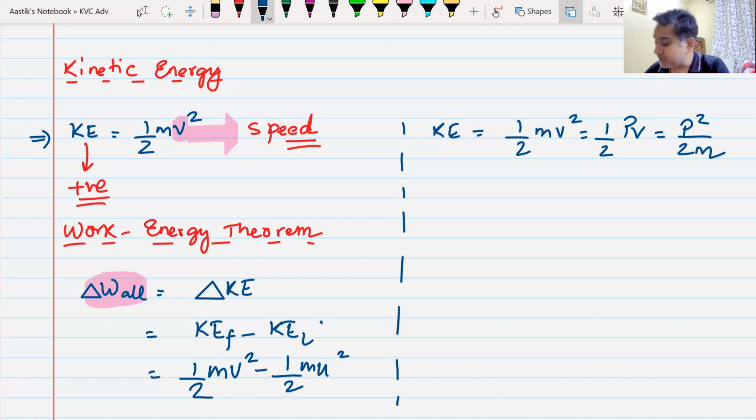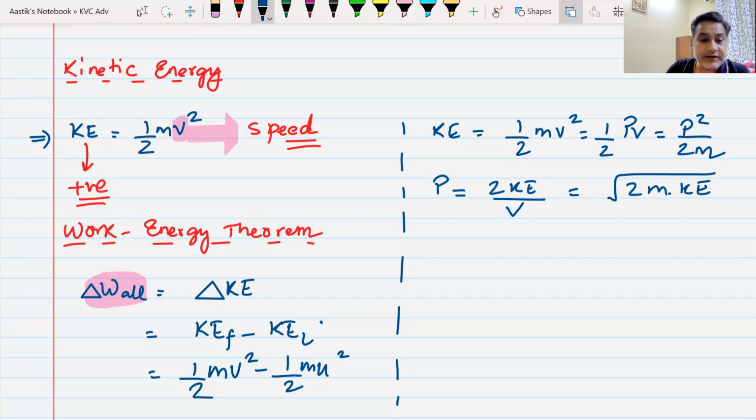We can also write the reverse of this. Momentum can be written as 2 times kinetic energy by v, or you can also write it as root of 2m into kinetic energy. So these are the different ways in which you can write this. Do we understand this? Yes, sir. I'll give you 2 minutes to note this down.